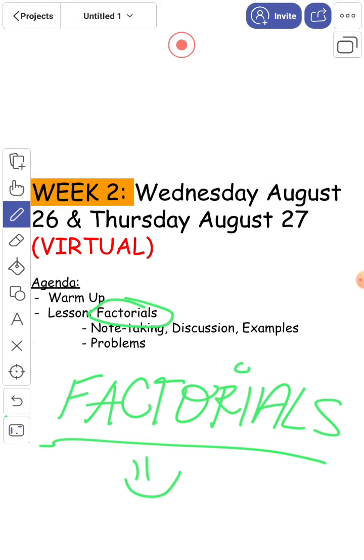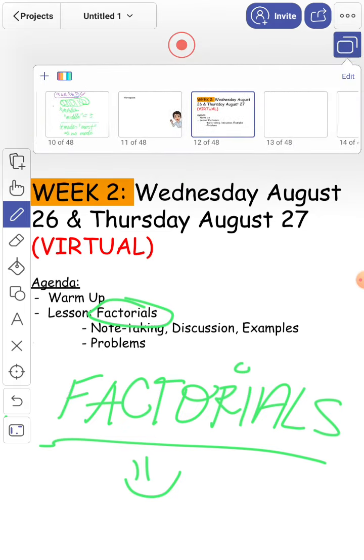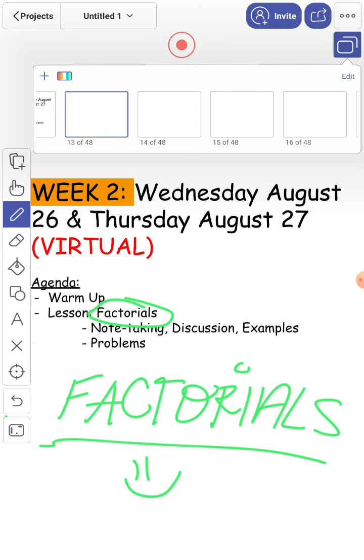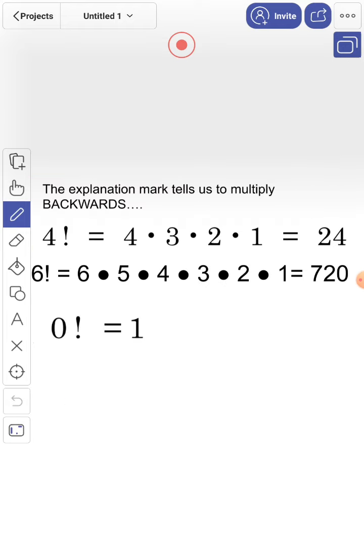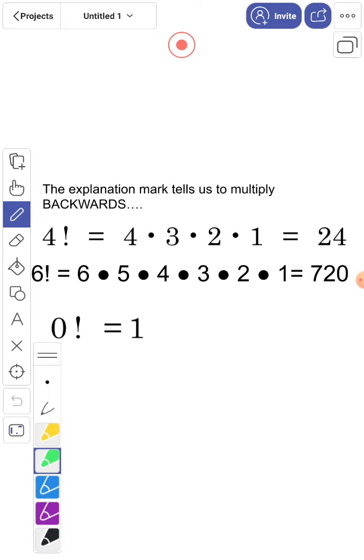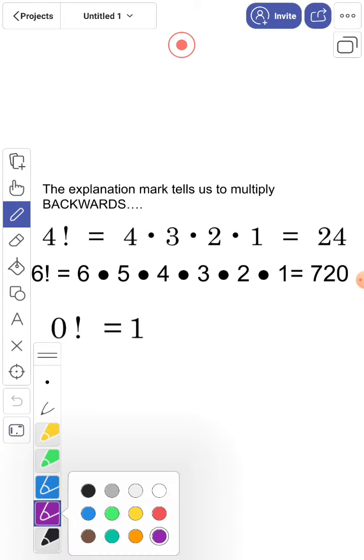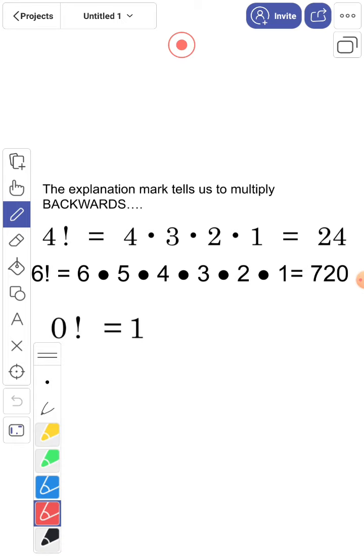Okay. So now let's go to the next slide. I do want you guys to write everything that you see, you should circle. I want red on there.